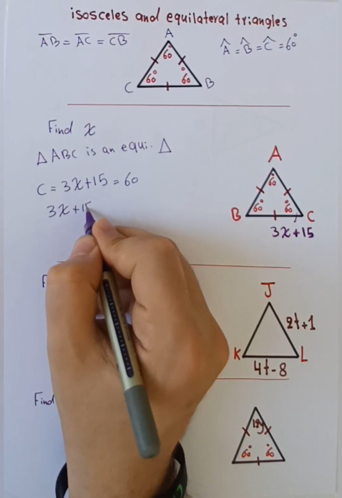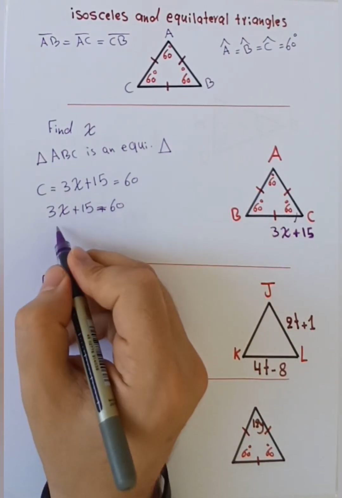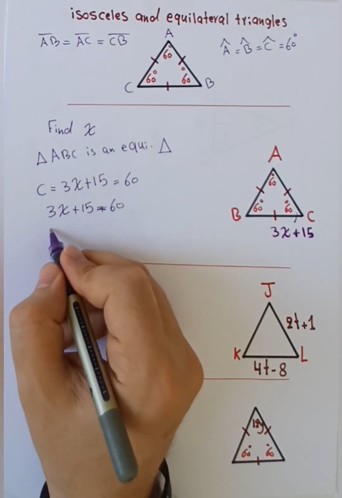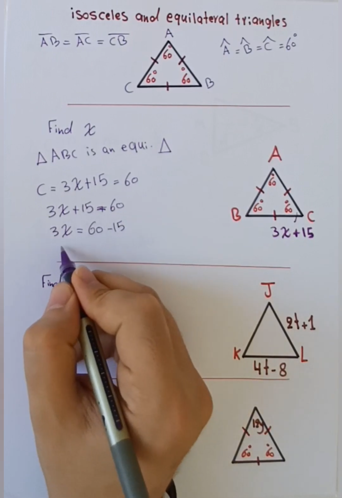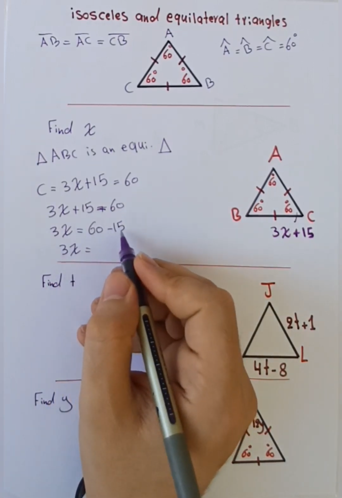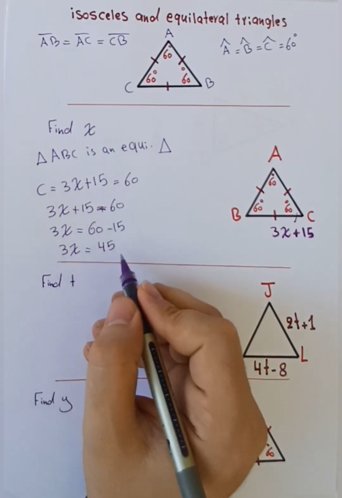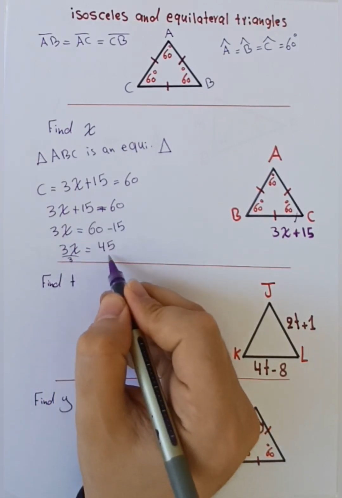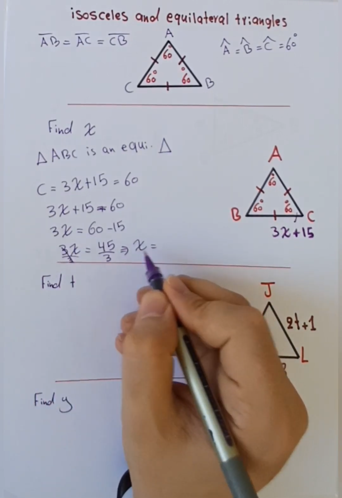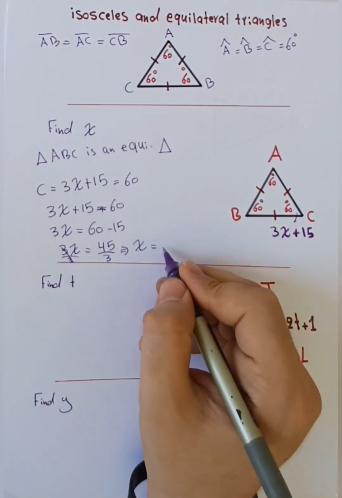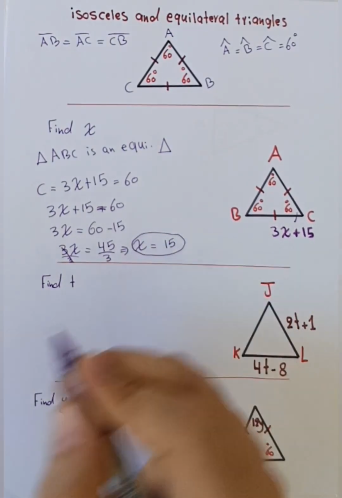Then we can combine the like terms. 3x equal to 60 minus 15, equal to 45. Now we have to divide both sides by 3. So x is equal to 45 divided by 3, which is 15. The value for x is 15.